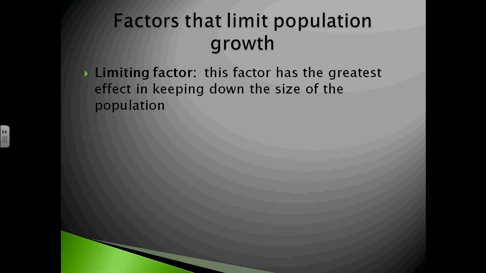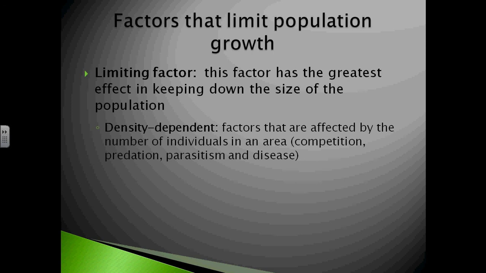Lastly here, I want you to think of these factors that limit population growth. A limiting factor is a factor that has the greatest effect in keeping a population size down. Here are some examples. You have some density-dependent factors. This means that these are factors that are affected by how many individuals live in an area.